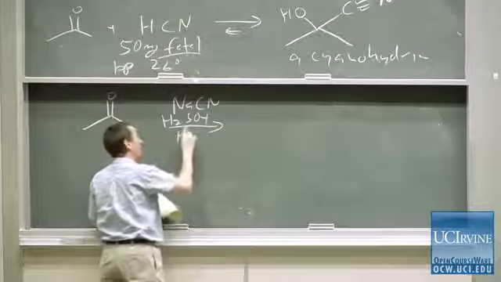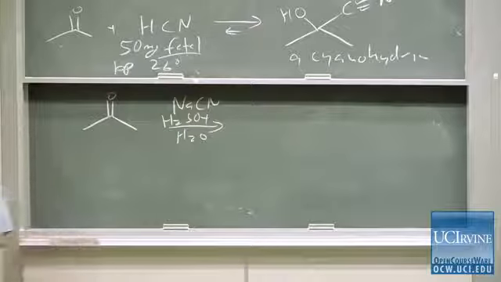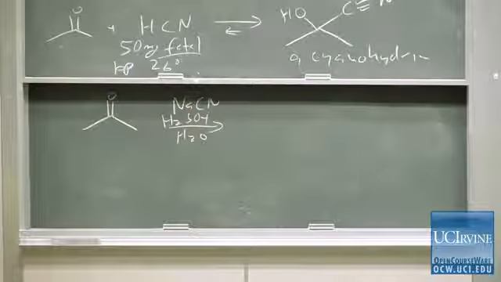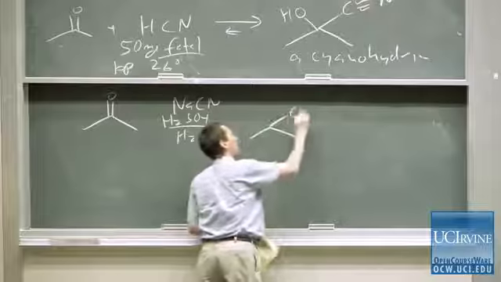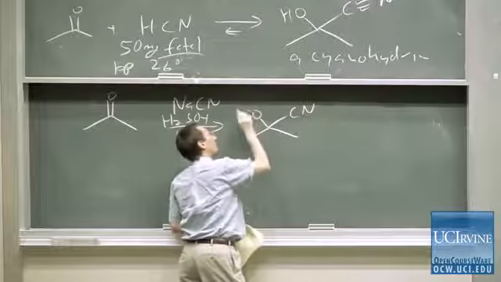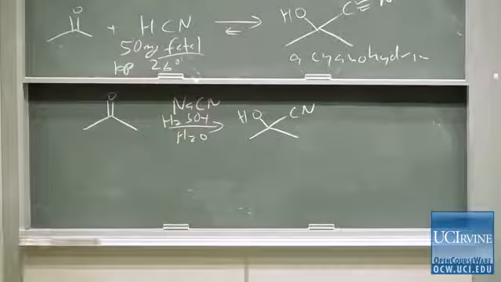And so it's equivalent, but at least you're not trying to dispense this half liquid, half gas, this thing teetering on the edge. And this is a very good way to add cyanide to a carbonyl compound, to a ketone or aldehyde.